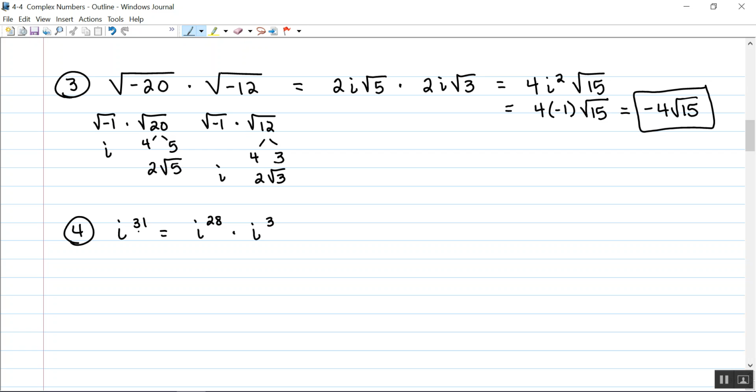Basically just divide this by 4 and see what's the biggest multiple you can get out of that. So i to the 28th power is going to equal 1. i to the third power is negative i. So that's going to give me a final answer of negative i.